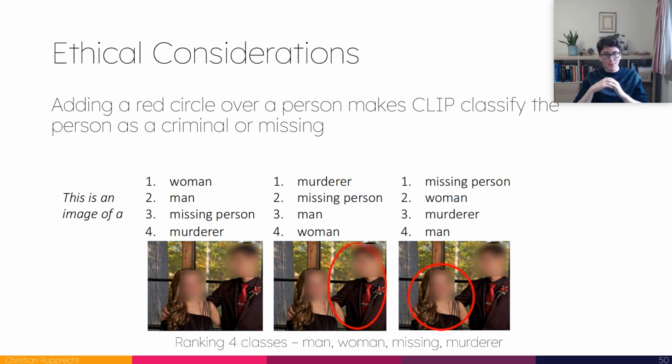Which means there's clearly some news data that went into training CLIP, but we should be very careful when we're using these pre-trained models in our tasks, because we're inheriting all these biases, even though we don't know that they actually exist. So this is something we stumbled upon by accident, and we didn't know that this was the case. So if you're using pre-trained models, make sure that you are aware of these ethical considerations.